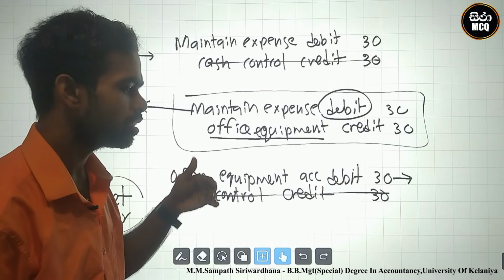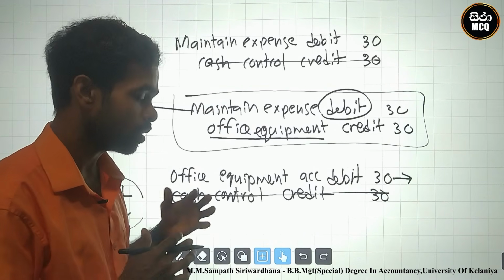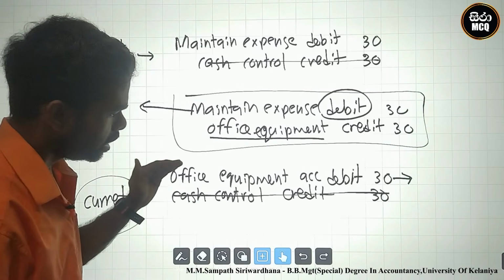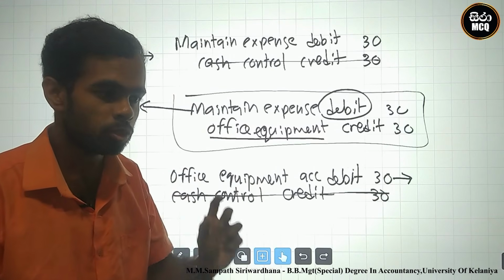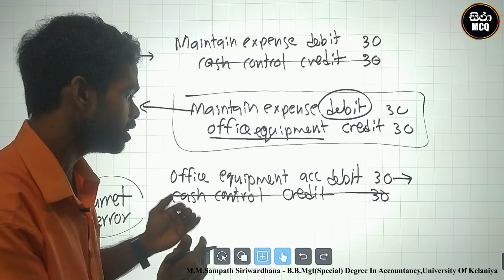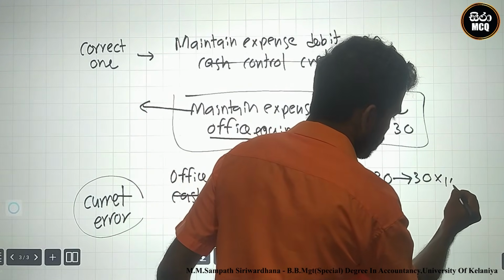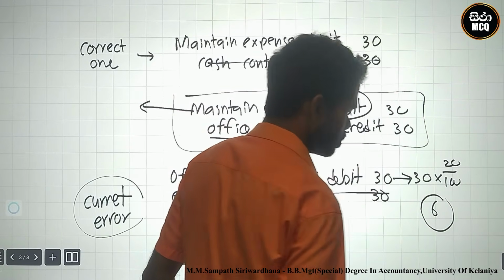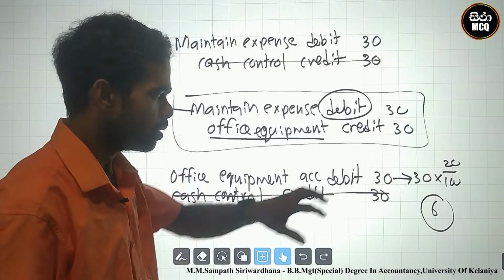These entries were created on 1st April 2022, no opening balances. Therefore, they depreciated wrongly. Why? They wrongly identified the office equipment. Based on that, the accountant identified another wrong depreciation for this equipment. Therefore, 30 times 20% means annual depreciation of 6,000 was identified as depreciation expense.